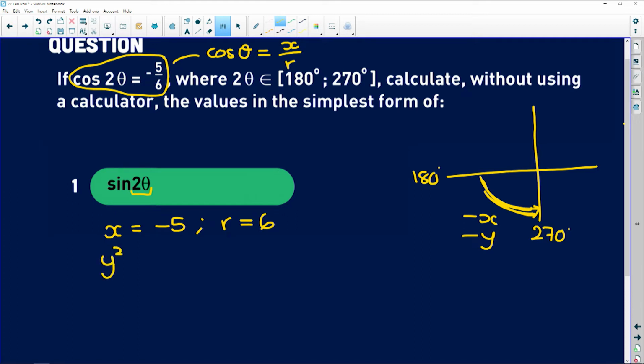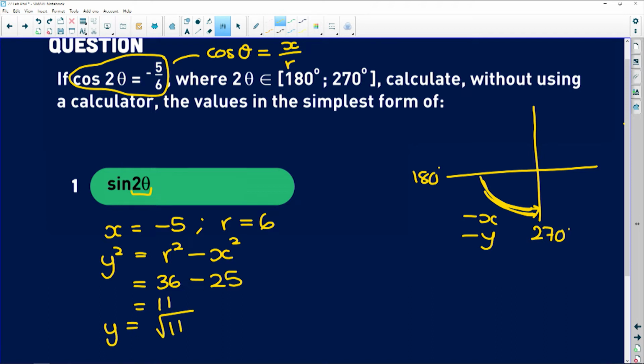Remember, y squared is equal to r squared minus x squared from Pythagoras. So y squared is equal to 36 minus negative 5 squared, which is positive 25. Okay, so that means that y squared is 11, and so y equals the square root of 11.